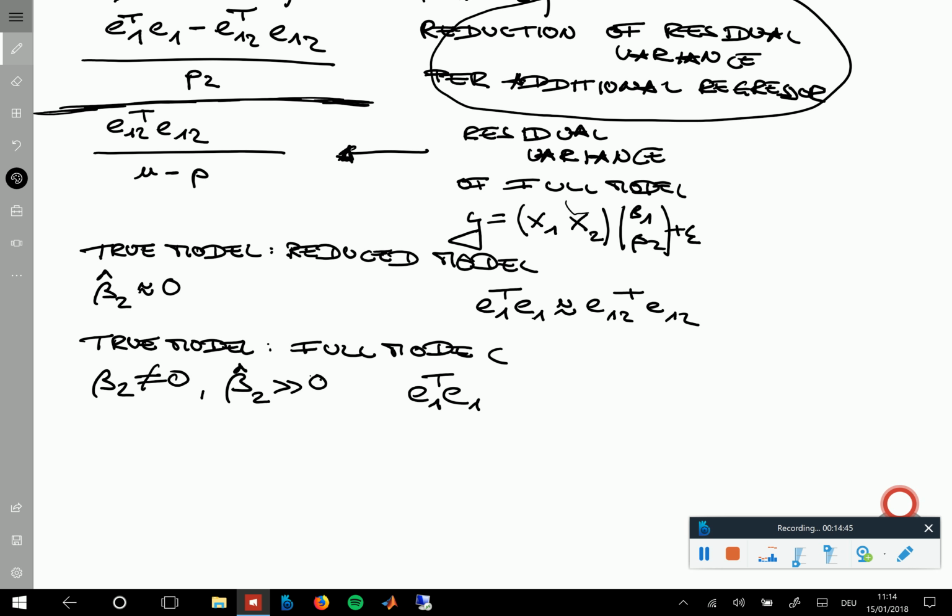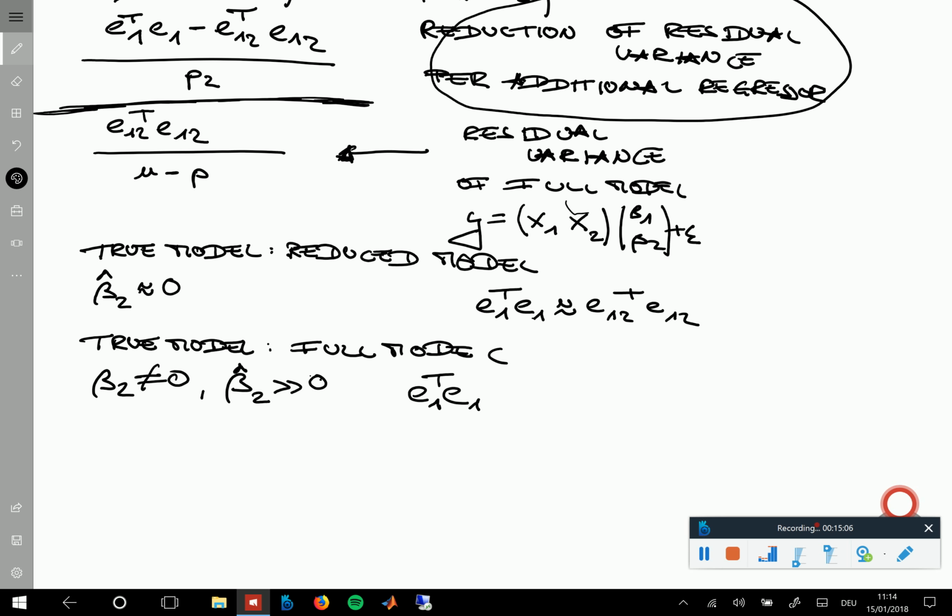So epsilon, E1 transpose E1 will have a certain value. Now, if one looks at E12 transpose E12, this, of course, can capture all the variance. So it's relatively low.